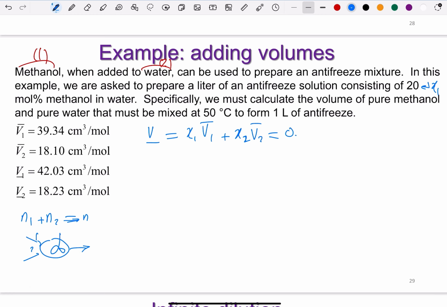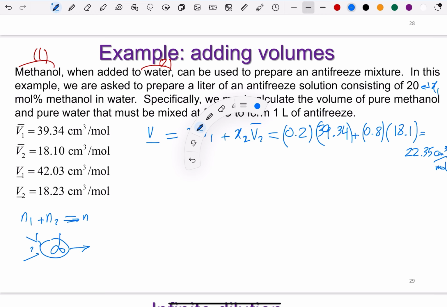So if I consider 0.2 times 39.34 plus 0.8 times 18.1, I'm going to have 22.35 centimeter cube per mole. Okay. So this is the molar volume of my mixture.